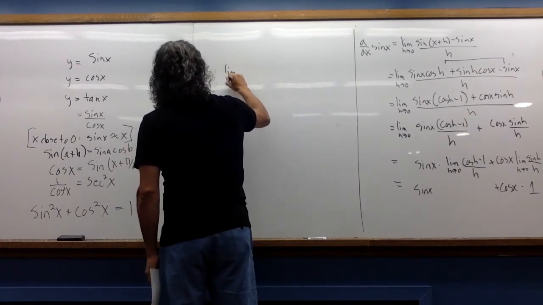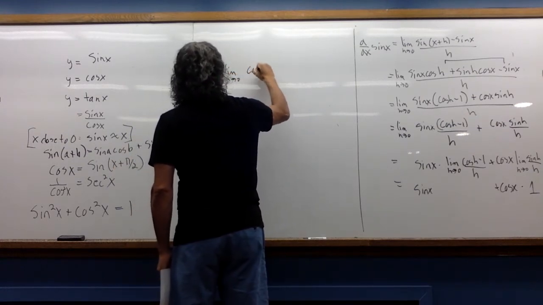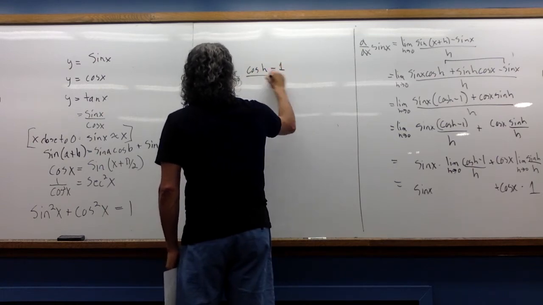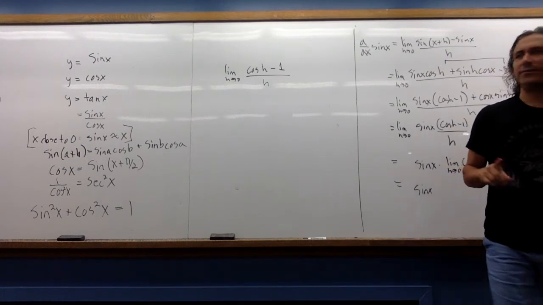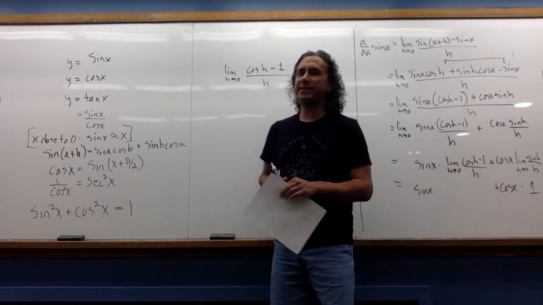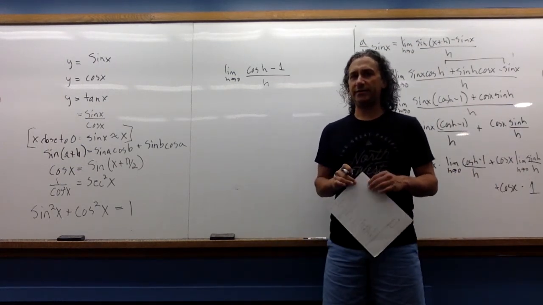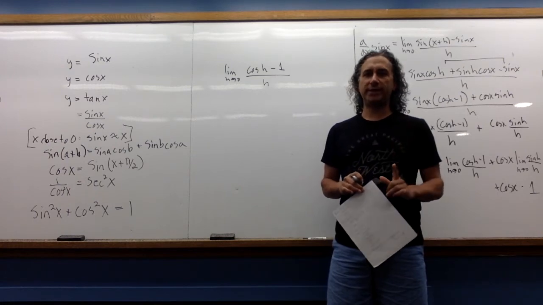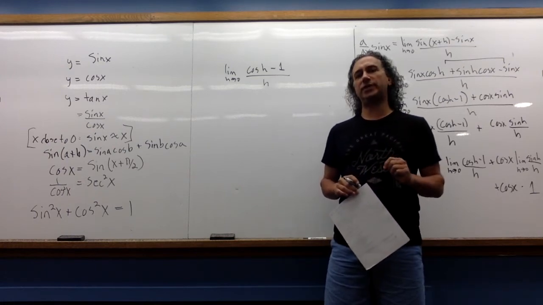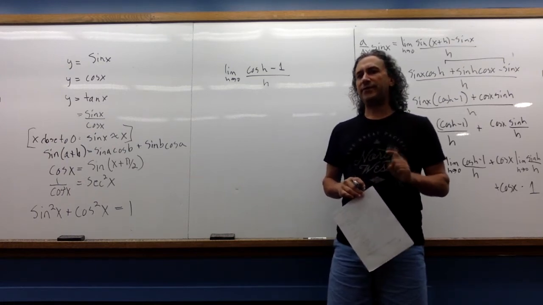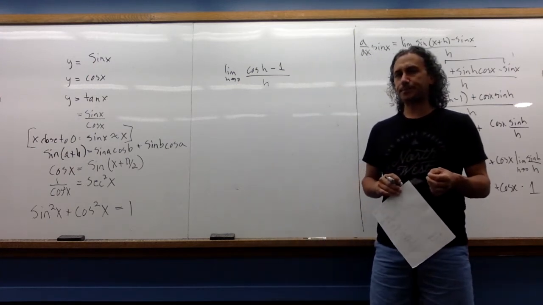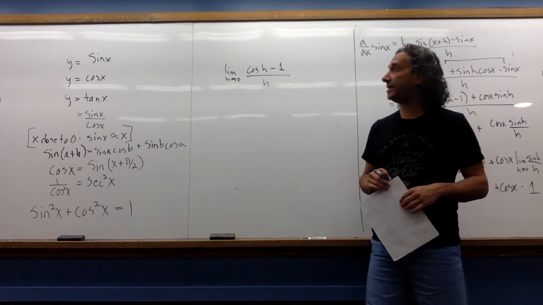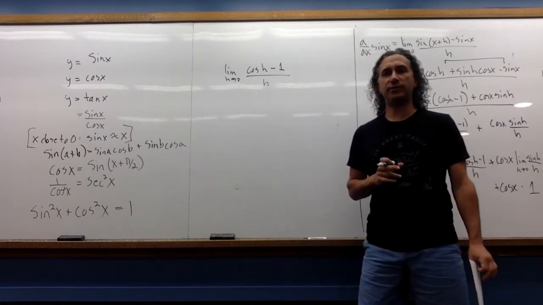The limit as h goes to 0, cosine of h minus 1 all over h. Well, it turns out that this is actually the definition of the derivative at a particular point for a particular function. Pause the video and see if you can figure out for which function, at which point, this is illustrating the definition of the derivative.